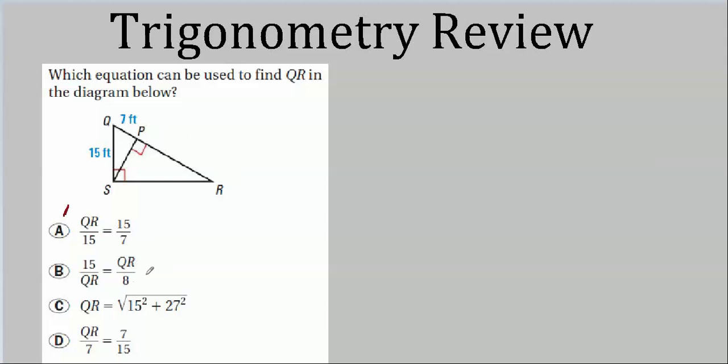Oh, QR. Well, 15 squared plus 27 squared. Well, if we knew that SR was equal to 27, I suppose this would be correct. It's a kind of a more complicated way to do it, taking all these square roots.